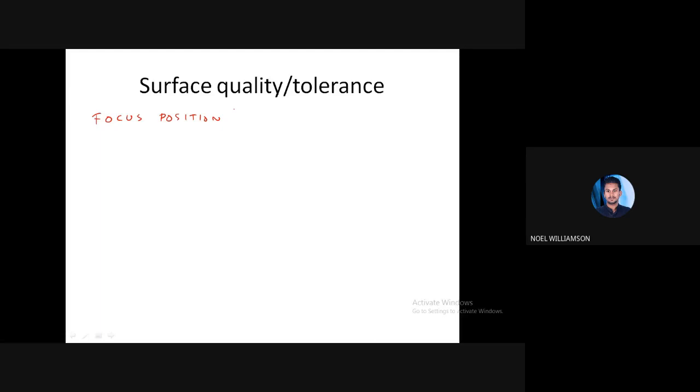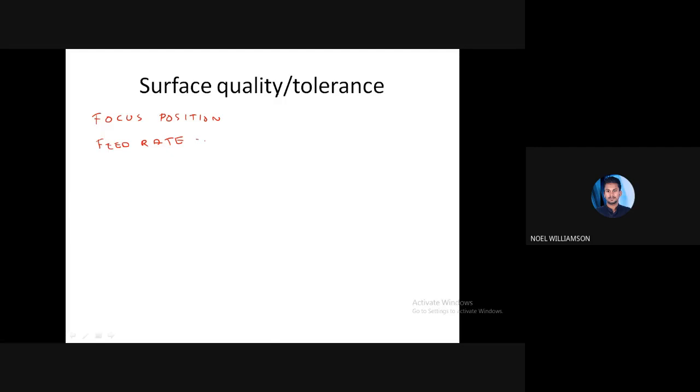Then regarding the feed rate, the rate at which the tool is being fed. Here, what is the tool? Here the laser beam.